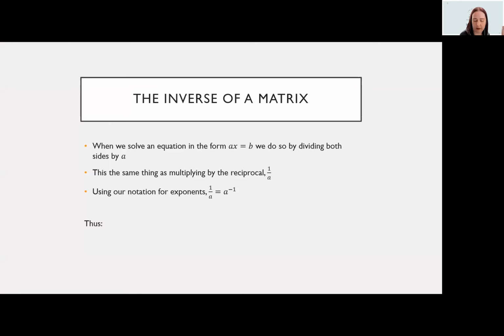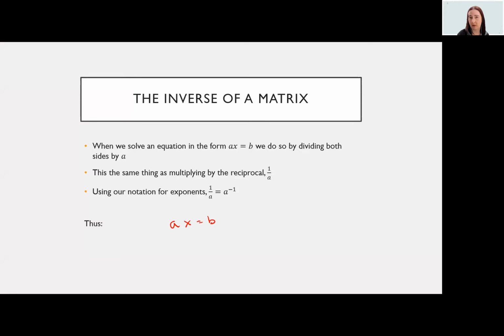So when we think about what the inverse of a matrix is, let's just think about the equation AX equals B, because when we have equations we're solving with matrices, that's basically the form that we're in.